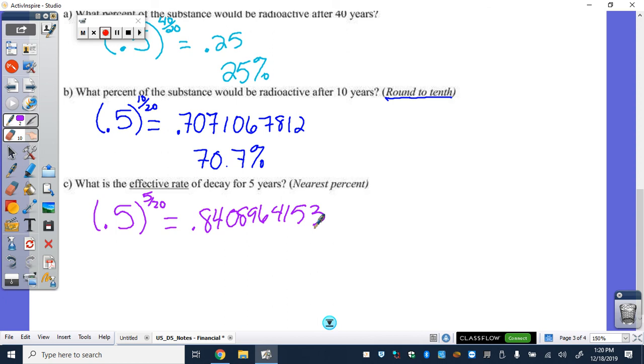So we would get that, which would be what percent? But that's not the effective rate of decay. They switched it on us. Now this one is like the oil reserves when they ask for that effective rate of decay. So it's actually 16% decay.